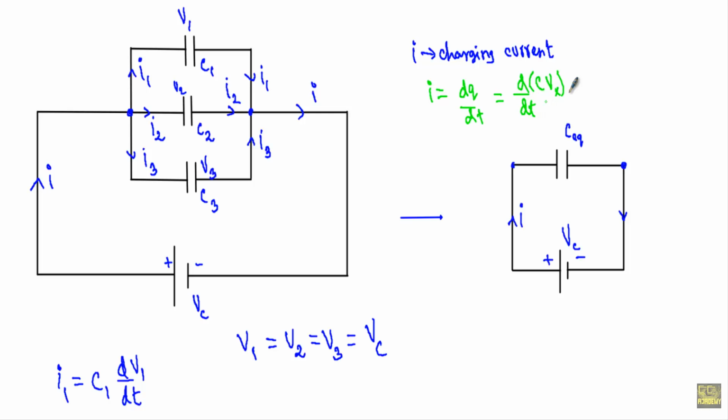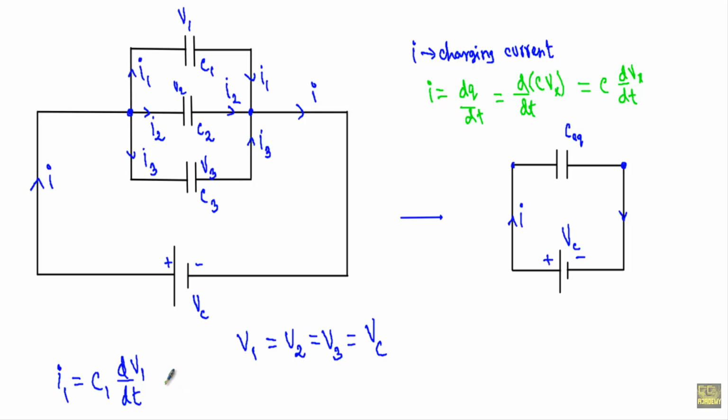Therefore the charging current that will be flowing in that capacitor will be C dVx by dt. This Vx is the voltage across the capacitor. So using this formula I can write the equation of I1, which will be equal to C1 dV1 by dt. C1 is the capacitance of this capacitor, and V1 is the voltage across this capacitor, or the voltage stored in this capacitor due to charging current I1.